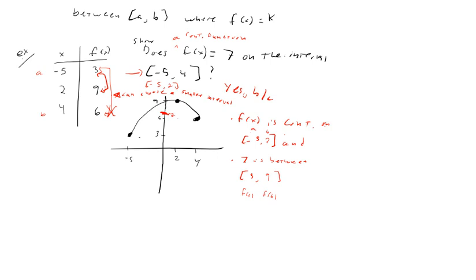And so I say, there exists a c between -5 and 2, where f of c is equal to 7. Part 3.